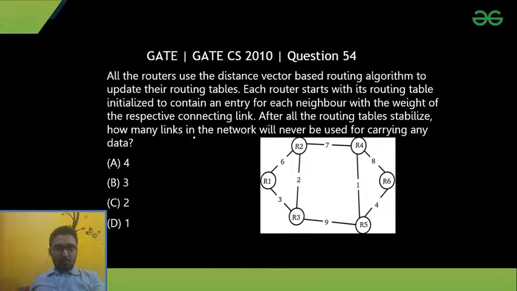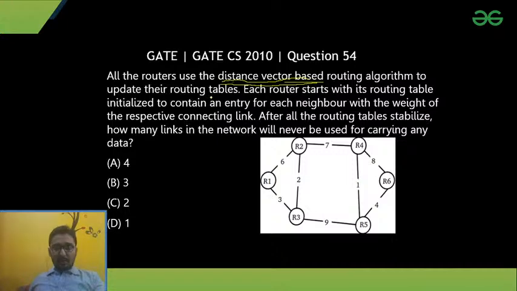Now, what was the question? All the routers use the distance vector based routing algorithm to update their routing tables. Distance vector routing is an algorithm in which the distance vectors are exchanged among neighbors, and it is based on localized knowledge.